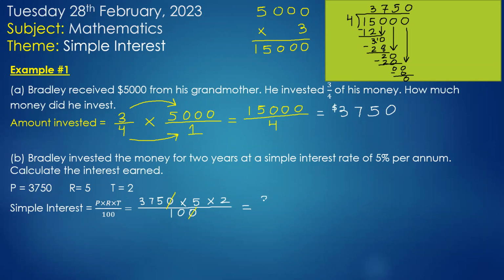So this is 375 multiplied by 5 plus 5 times 2 over 10. Good. And now we just have to multiply and divide. So we have to say 5 times 375. So we have to multiply that. Let's do it on this side.